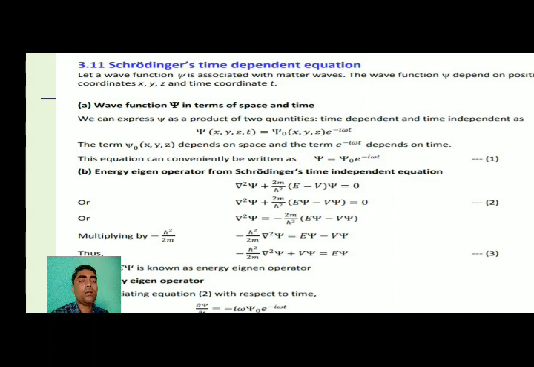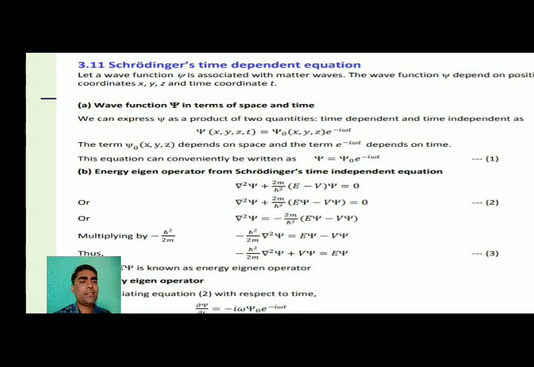So if we multiply psi to the E as well as to the V, this equation takes the form in equation 2, that is del square of psi plus twice m by h cross square into E psi minus V psi equal to 0.